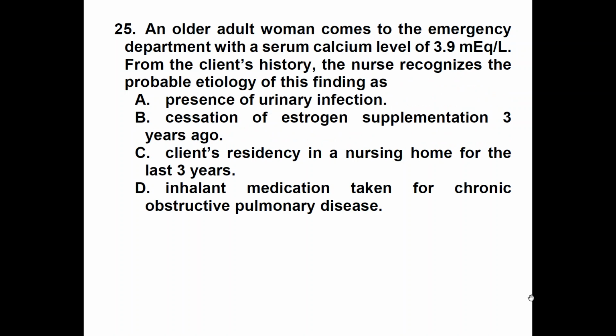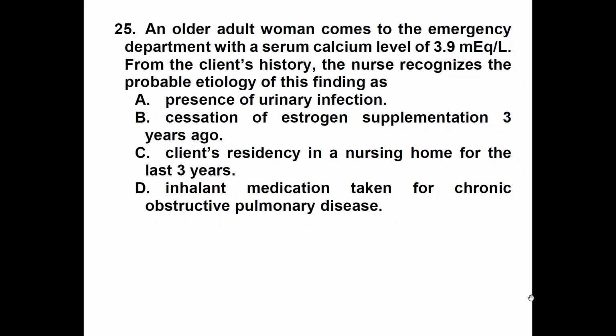Last number. An older adult woman comes to the emergency department with a serum calcium level of 3.9. From the client's history, the nurse recognizes the probable etiology of this finding as presence of urinary infection, cessation of estrogen supplementation 3 years ago, client's residency in a nursing home for the last 3 years, or inhalant medication taken for chronic obstructive pulmonary disease.